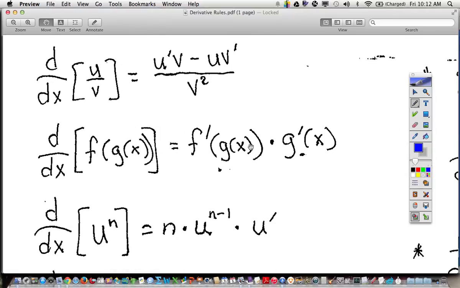Chain rule is when you have something inside, which happens all the time, right? We have something inside of a function, inside the e functions, inside ln, inside the sine function, inside the power function, inside an arc sine function like we saw today. So the chain rule is just: you do the derivative of the outer function, leave the inside in there, and then multiply by the derivative of the inside.